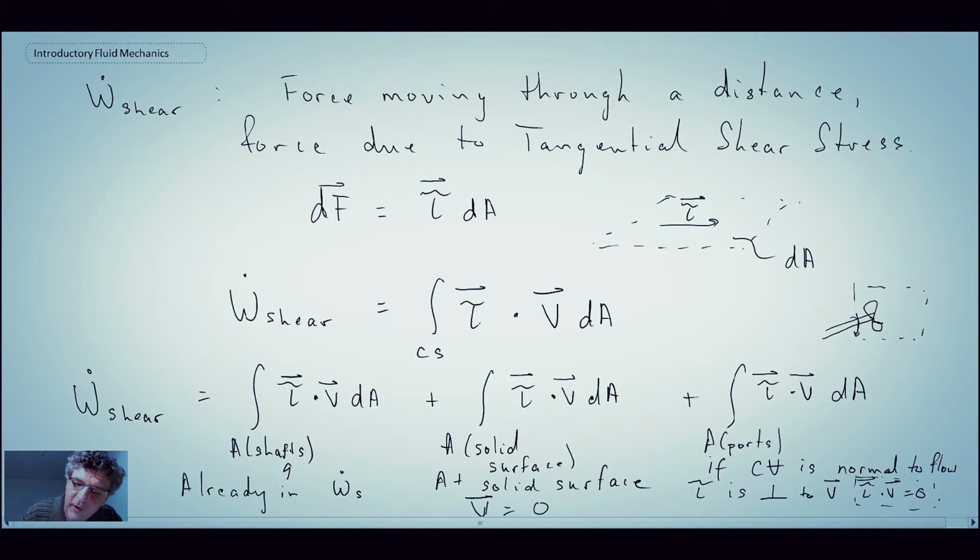But we don't always necessarily have that condition, and so we will retain this last term, but the other two will go away through careful choice of the control volume, as well as the fact that the shaft work is already in the shaft work term.